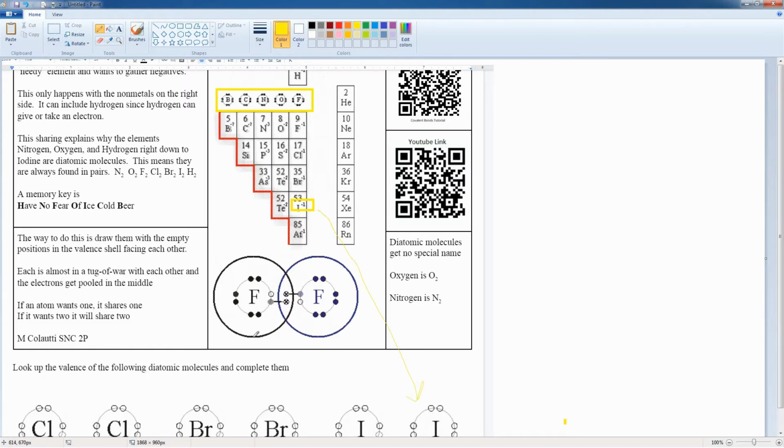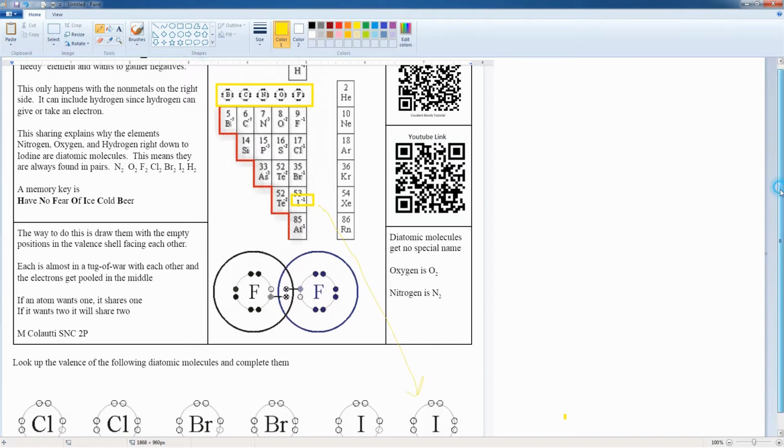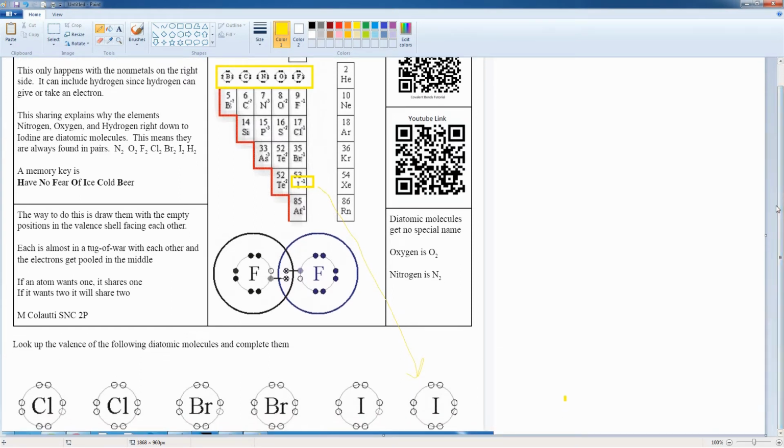So I'm going to do one of these below. I'll do iodine, so I'll slide down a little bit. Iodine has all but 1, so I fill in all of them but 1.